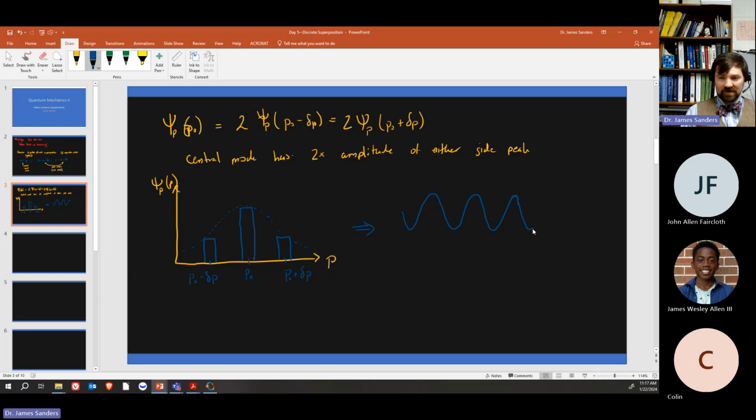So this is like my P naught. And then I'm adding to that two side peaks, one of which is sort of a lower amplitude and maybe a higher frequency.